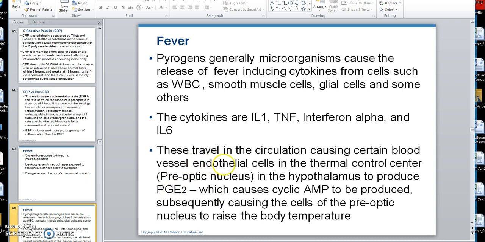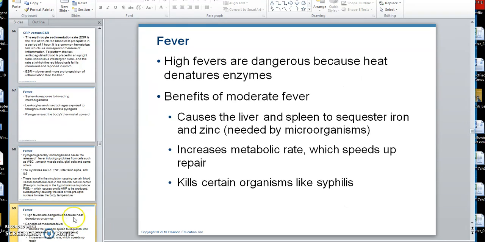Prostaglandin, from the lining cells of blood vessels in the preoptic nucleus area. This caused the preoptic nucleus neurons to up the temperature setting, and so you started to get hot in the attempt to kill.